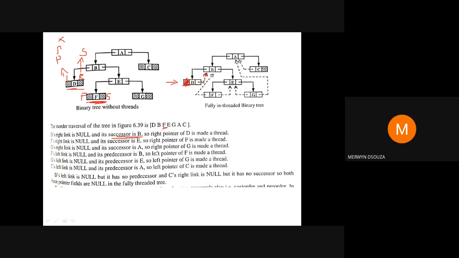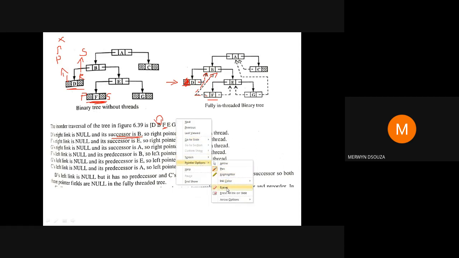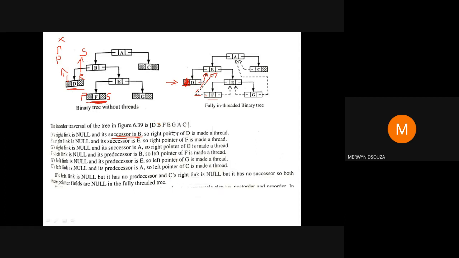The predecessor of F is B. So from F, from the left side, draw a dotted arrow to B. Similarly, in your traversal, the successor of F is E. Whatever value comes after F is the successor. So from the right side, draw a dotted arrow to the successor. You're going to draw like this.